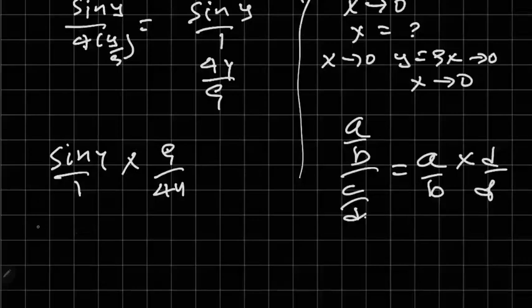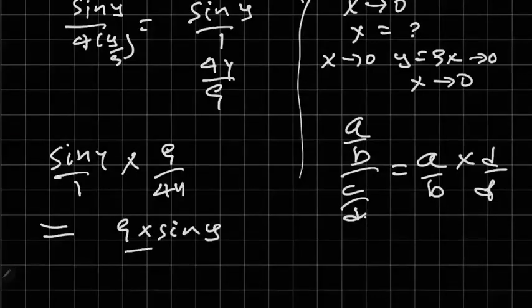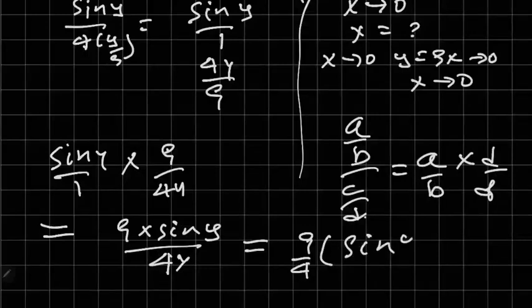You can rewrite this as 9 times sine y over 4y, which is the same as 9 over 4 times sine of y over y.